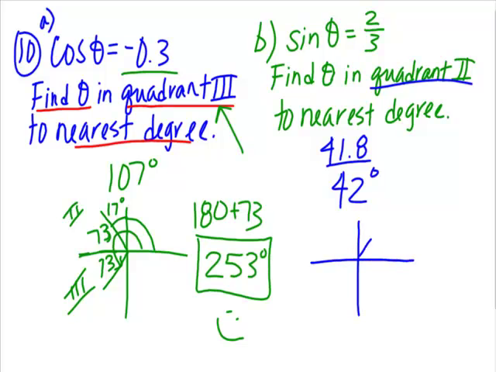So 42 degrees is somewhere around here. So that means I need to find the corresponding angle that would be in a similar position over here. Because remember, this really is all about being in the same position as far as x and y values go. So in order to figure out what this angle is, I'm going to just take 180 and subtract 42. So 180 minus 42 is 138 degrees.